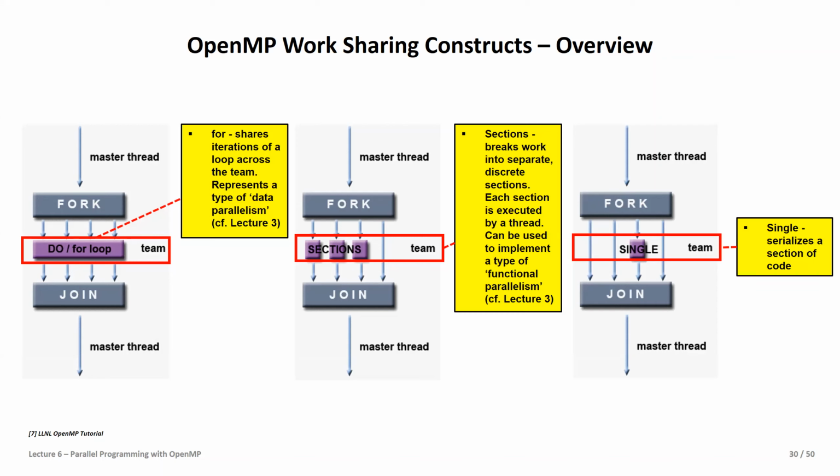This thread ID, for instance, should be private, because each of the different threads needs its own instance of the thread ID in order to store the value for the thread ID, while some of the other parts could be shared, like the number of threads, which is, of course, for everyone the same within the same parallel region.